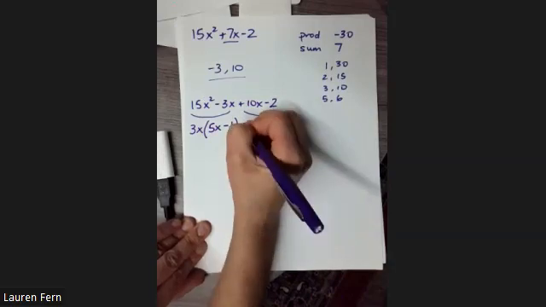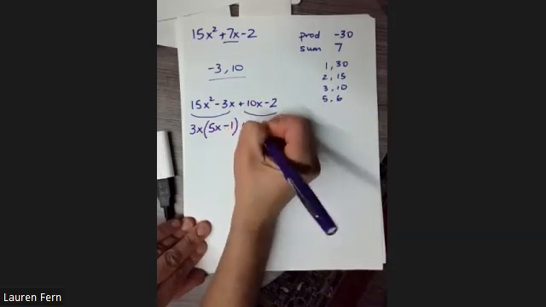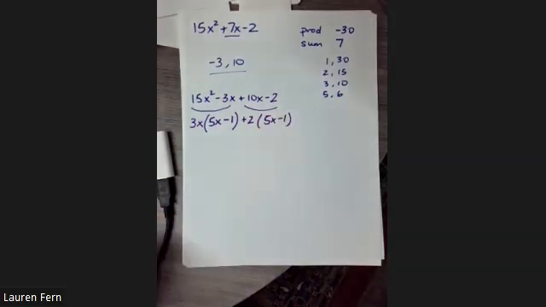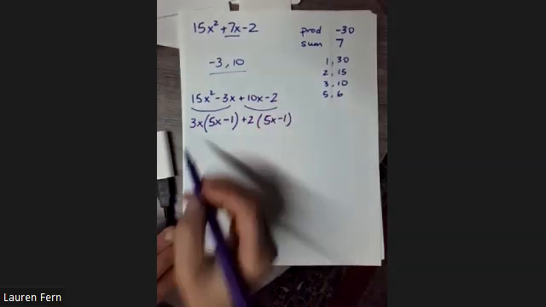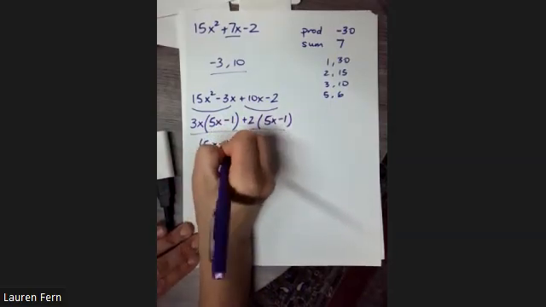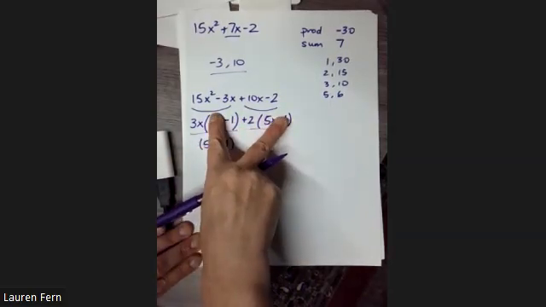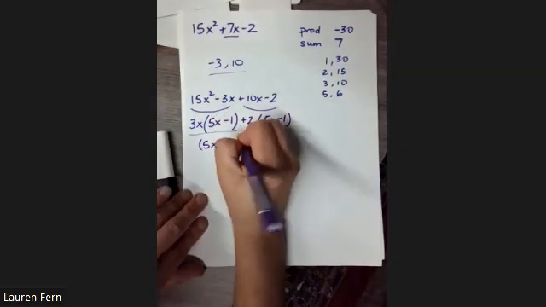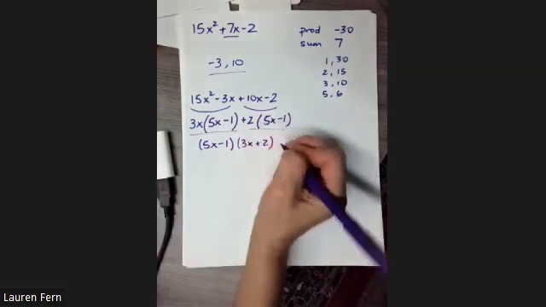And out of my second group, the best I can do is pull out a 2, and I'm left with 5x minus 1. I have 2 terms left. They both have a 5x minus 1 in common, so I can pull those out. Notice then I'm left with 3x plus 2.